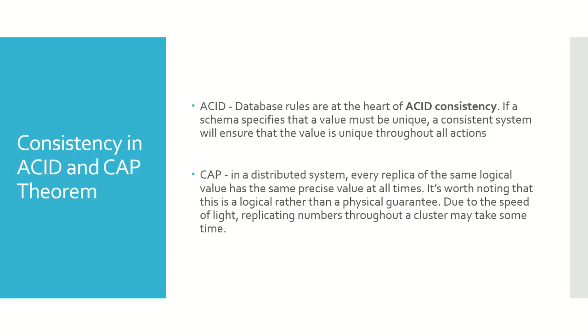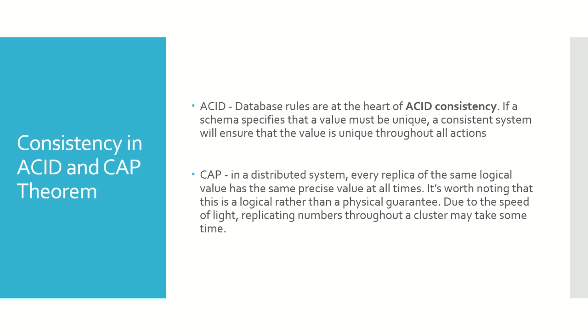Before going into the stronger and weaker consistency models, we'll look at what consistency stands for in ACID properties. ACID is a database property or principle where A stands for atomicity, C stands for consistency, I stands for isolation, and D stands for durability.